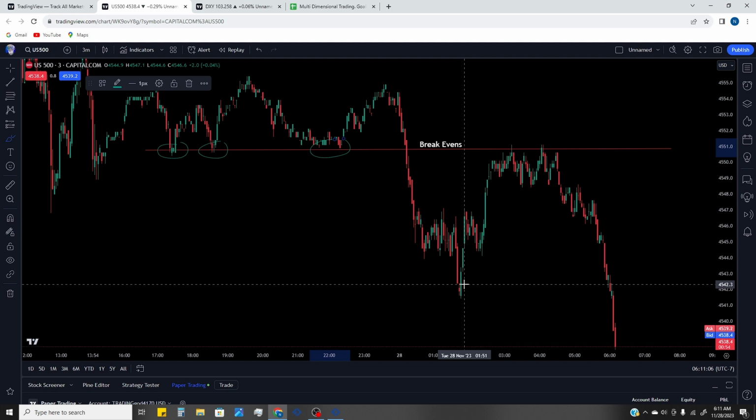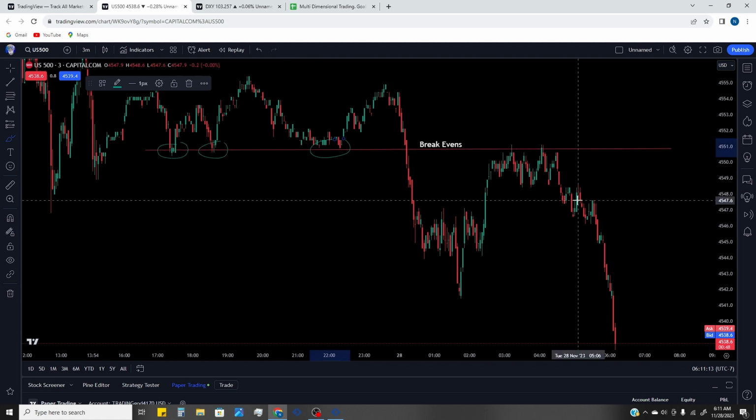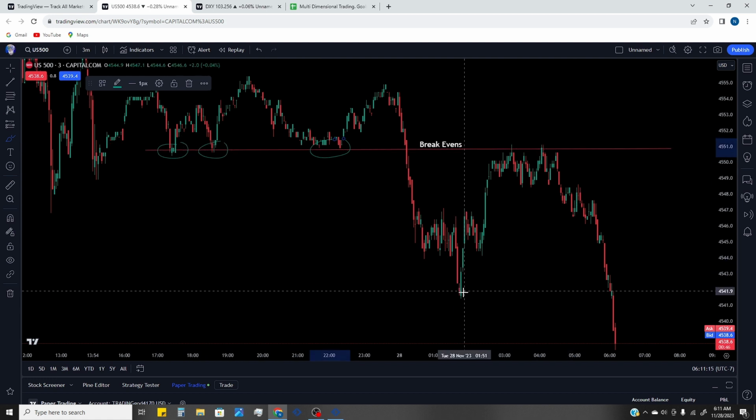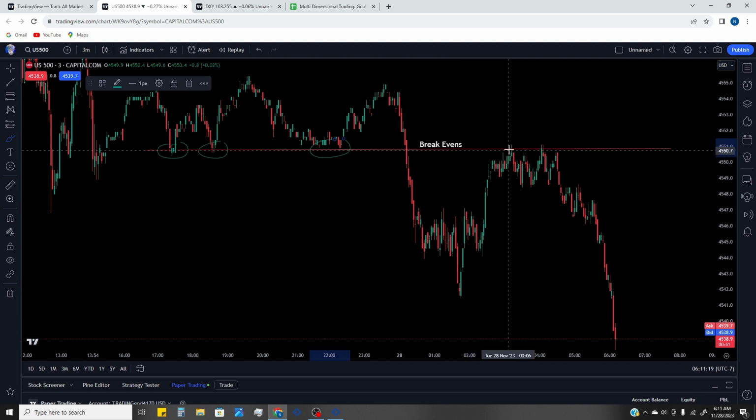Okay, they are in a lot of drawdown considering where they entered. Now, by the time it gets back to them, they're not in drawdown anymore. They are at zero. They are at break even.